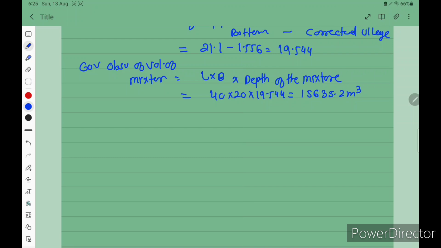Okay, so we get the total quantity of the mixture of oil and water. Now we have to remove the water, so we have to use the wedge formula. A, B, C, D.